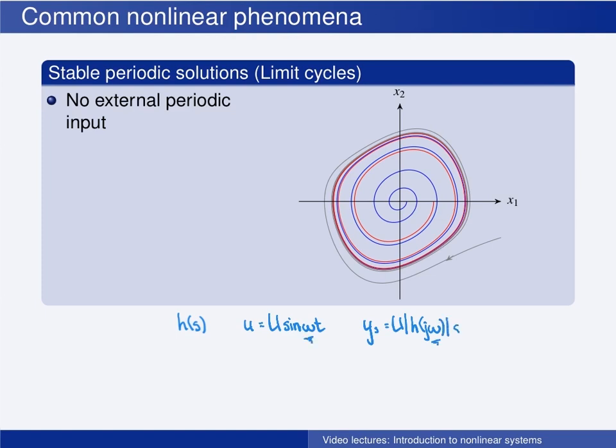The sinusoidal output oscillates at the same frequency, but with a phase shift, which is the angle of H(j omega). So we can make linear systems oscillate, but what is special about limit cycles is that they occur without any external periodic input.